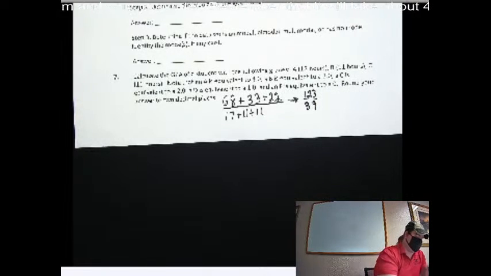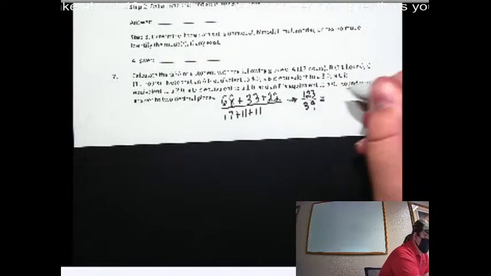So now divide 123 by 39, and we get 3.153846, and so on and so forth. Remember, we want to round this to 2 decimal places though. So this will round to 3.15.